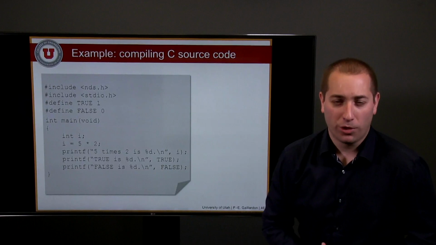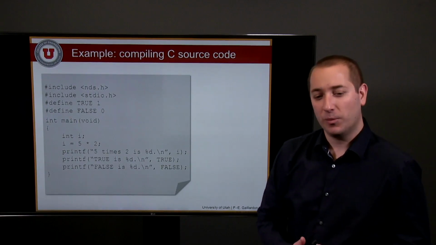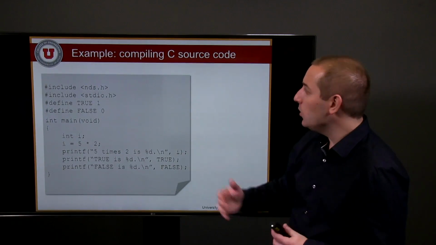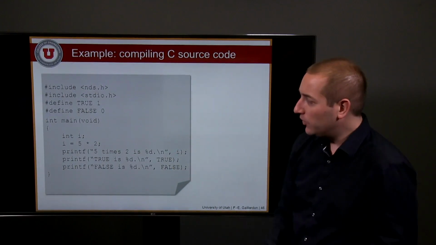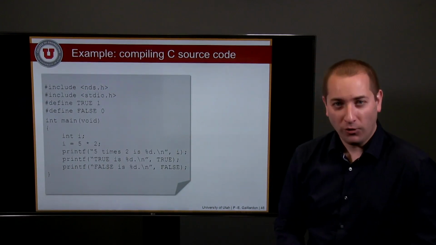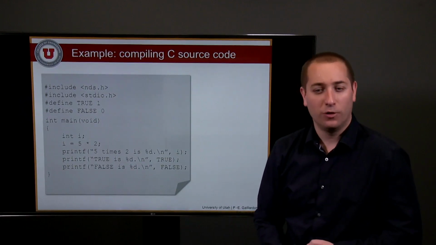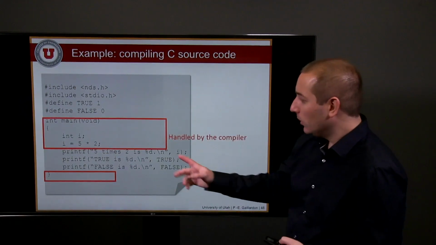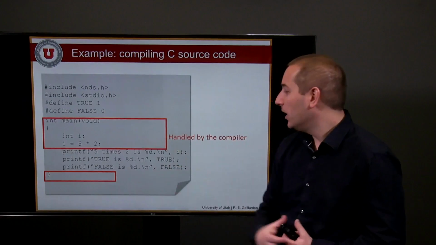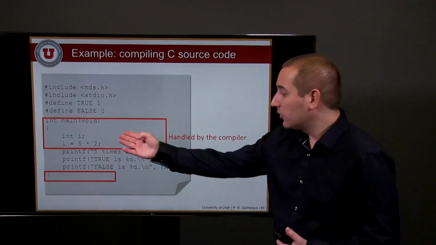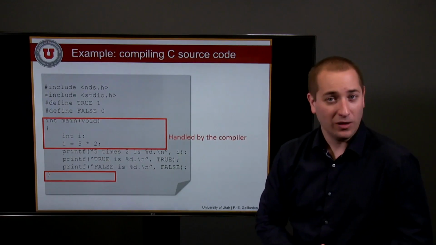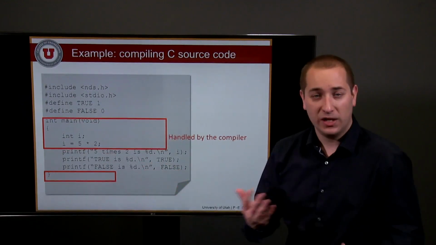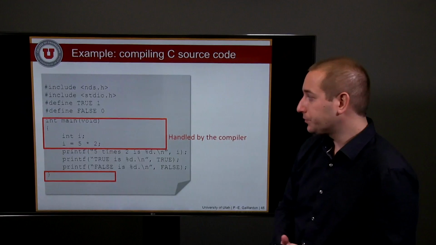To guide you a little bit more through the different steps of cross-compilation, let me show you an example where you compile a C code. This very simple C code will get processed by your cross-compilation chain in the following way. First of all, there is this portion that is handled by the compiler. This is coming straight from the ANSI C subset. So this is your compiler deciding how to implement that on the machine.